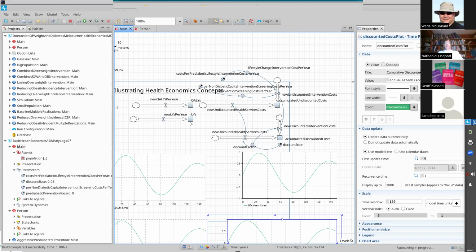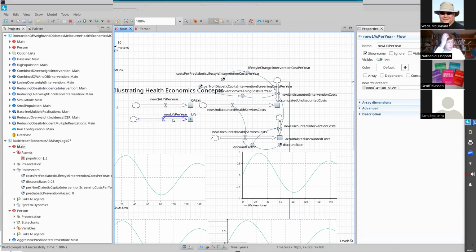And the life years stock will accumulate this, okay? So again, if it was one person over 100 years, there will be accrued, built up, accumulated in the stock 100 life years. You can think of it as a bathtub filling up with water.